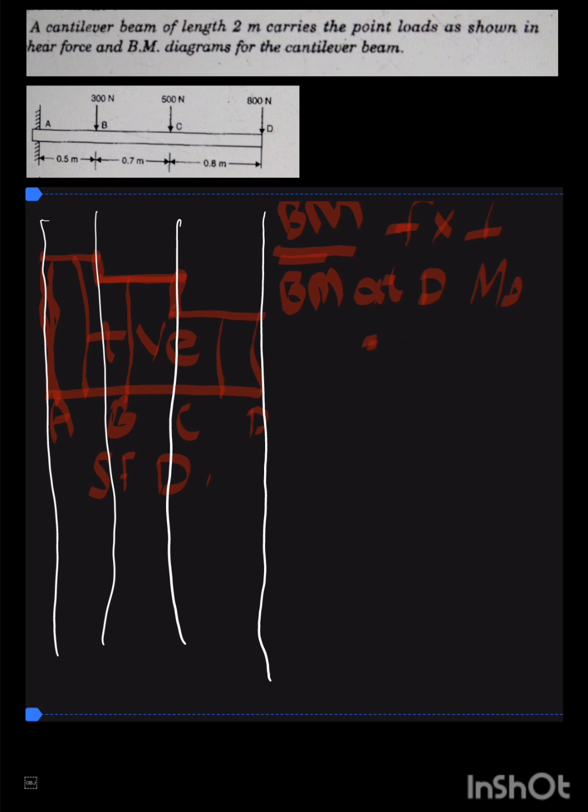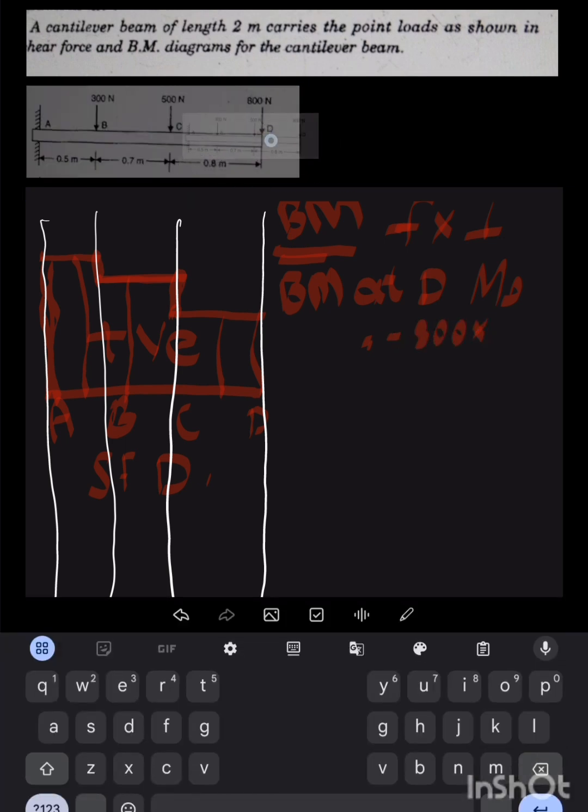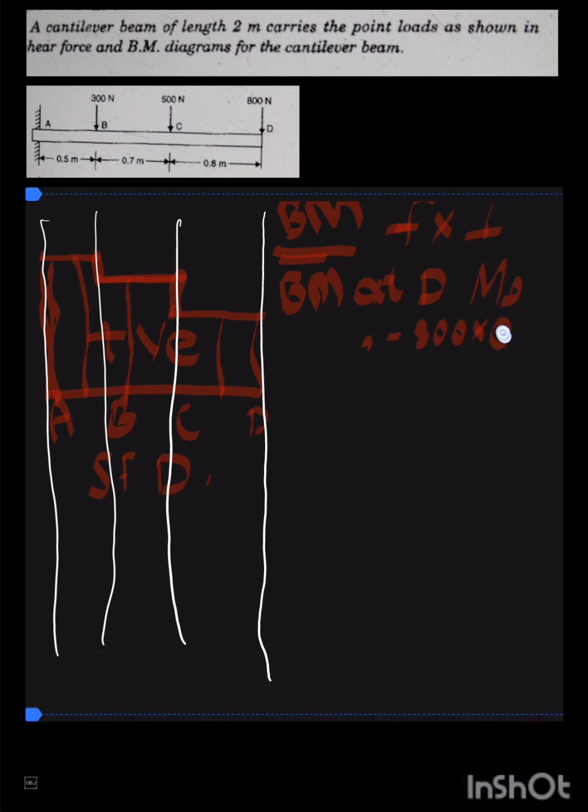Always the moment at the edge is 0. Minus 800 into, is there any distance at point D? No, so 0. Means 0 newton meter.